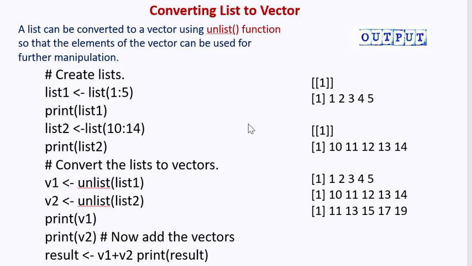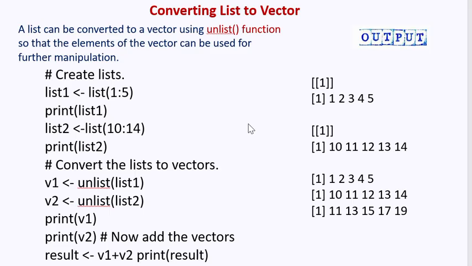When you put 1, it is the starting value, and after the colon, whatever number we mention is the end value. So it creates a sequence starting from 1 till 5, which is similar to mentioning it as a list of 1, 2, 3, 4, 5.